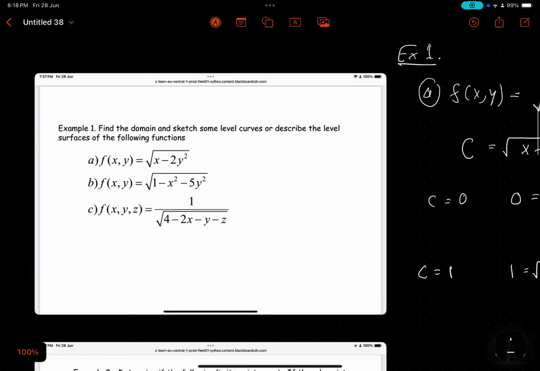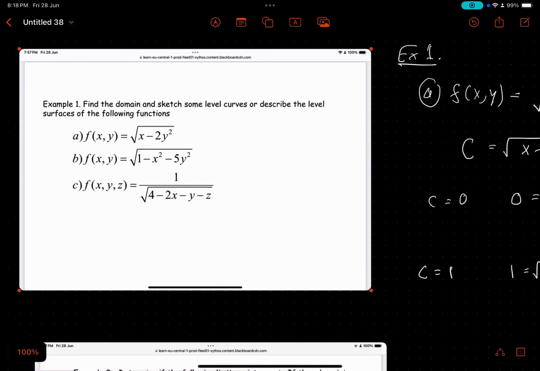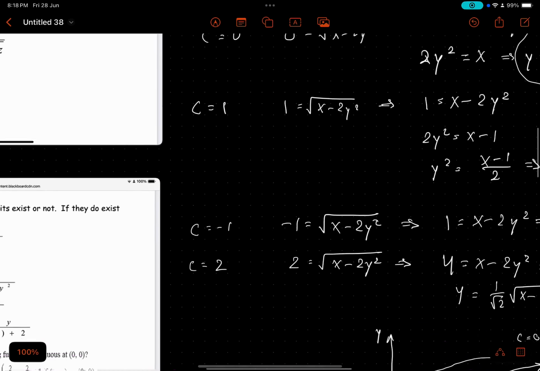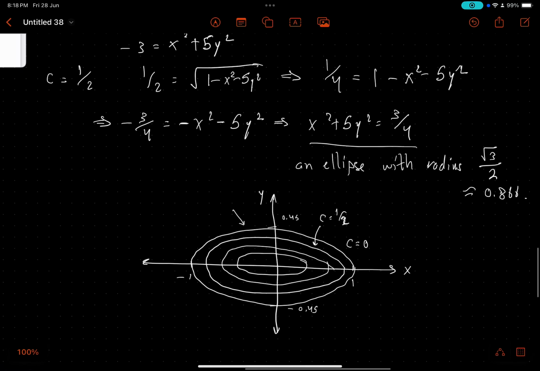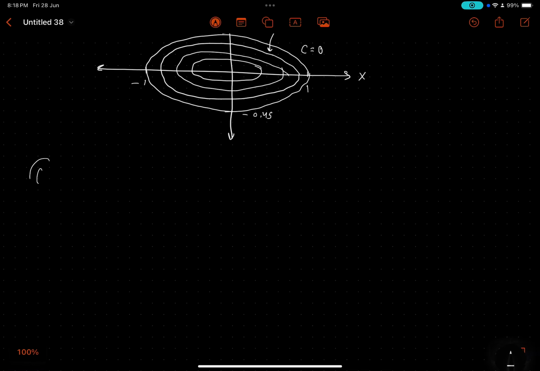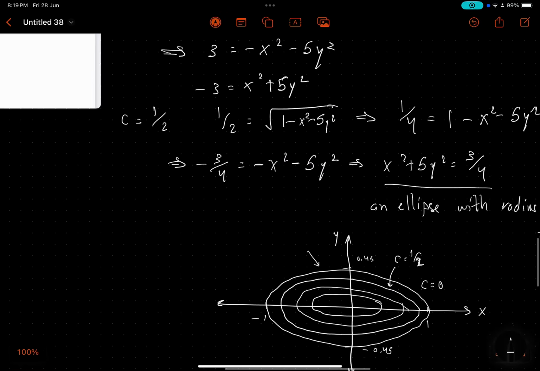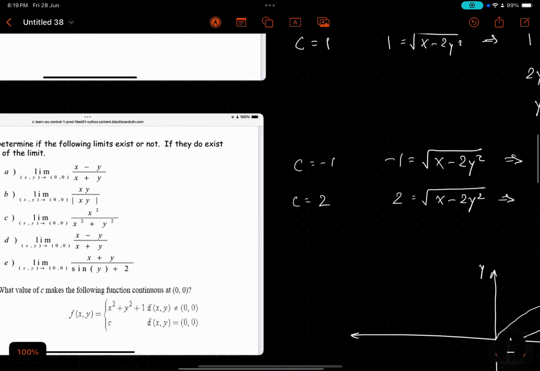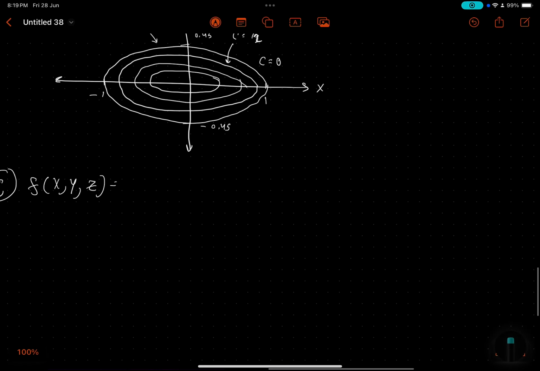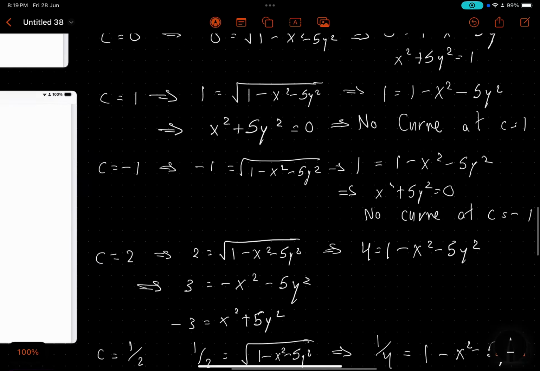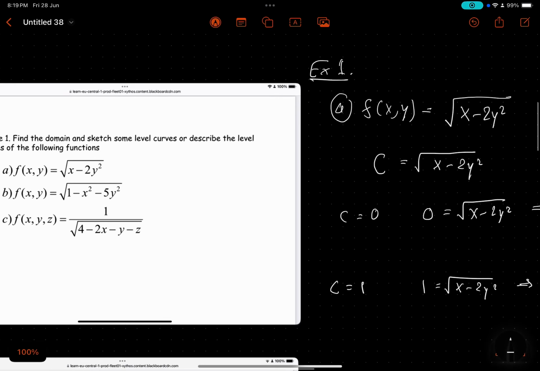Now going to our last example here, which is C. It involves 3 variables. So f of x, y, z is going to equal 1 over the square root of 4 minus 2x minus y minus z.